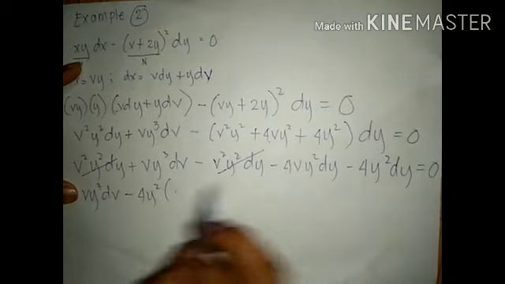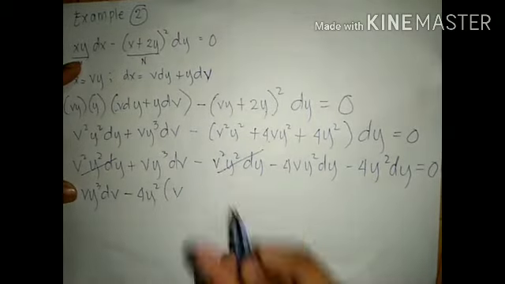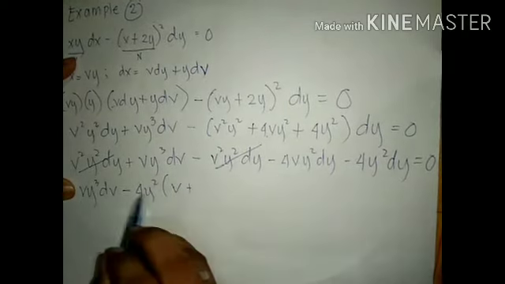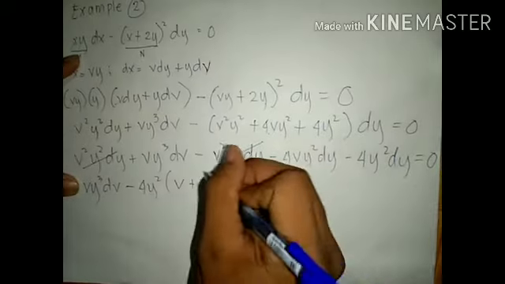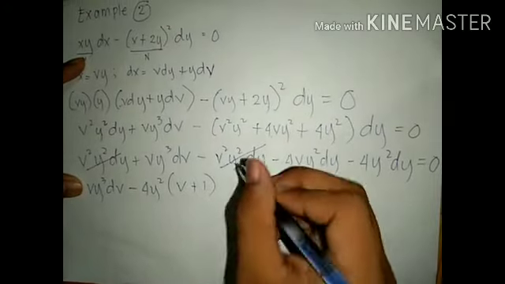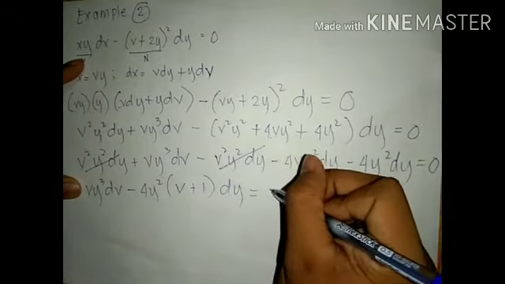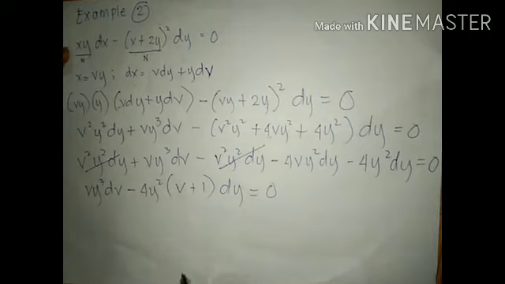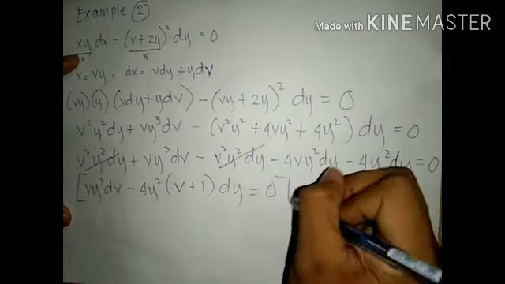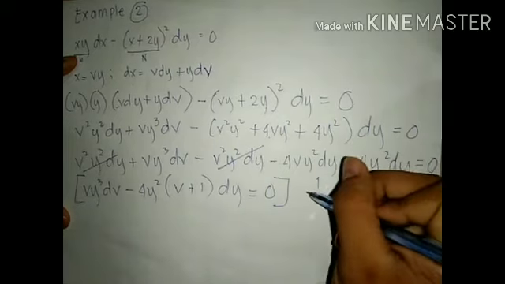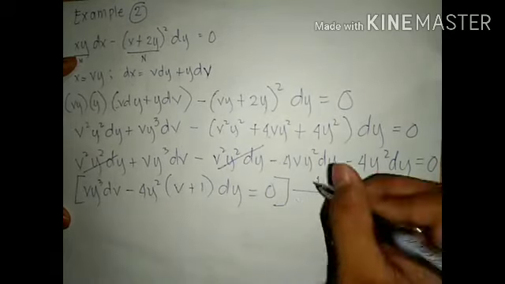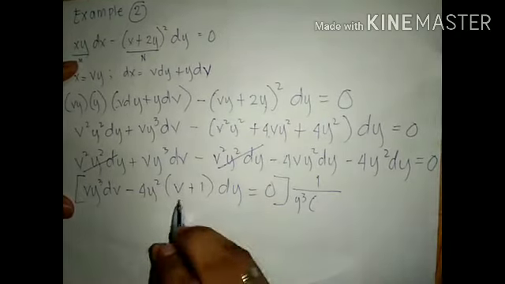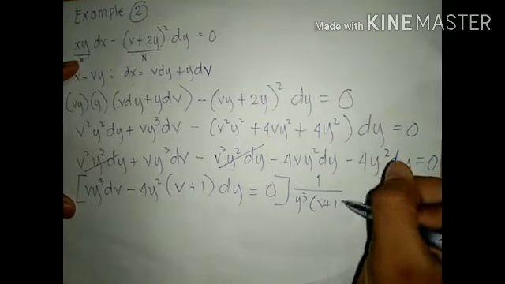So ato siya ma-combine na nato siya. So 4, ato pagawas din sila ng 4y. So mahibilin v plus 1 okay, same man sila ganang kuan. So dy is equals to 0. So simplify yun siya. Ato siyang i-times sa kilid og 1 over y cube times v plus 1.